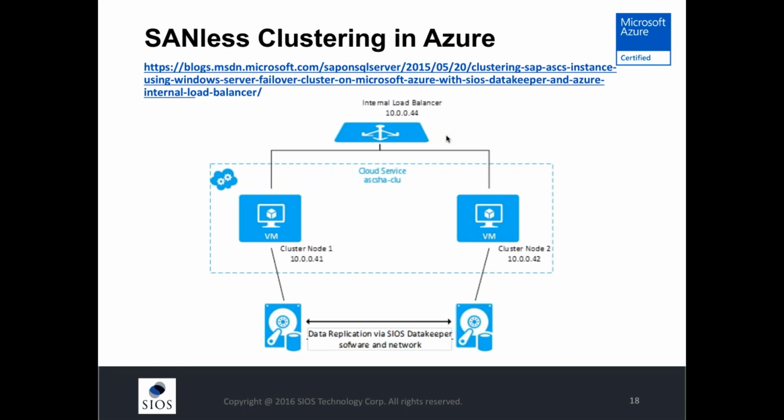You create an internal load balancer, and you put that in front of the cluster. It probes the cluster nodes, figures out which one is active, and routes traffic to the currently active cluster node. So that's one slight difference or gotcha in deploying a failover cluster up in Azure. It might be different than what you're used to doing, certainly different than what you're used to doing on-prem.